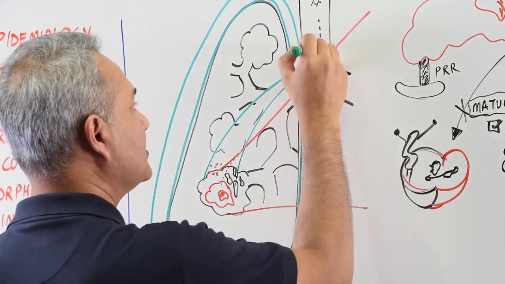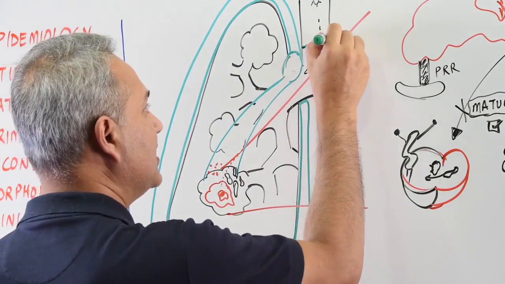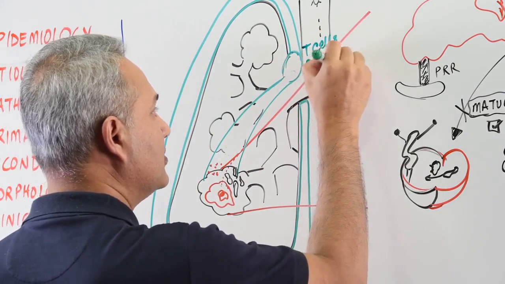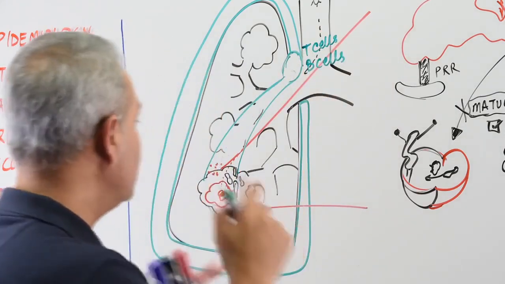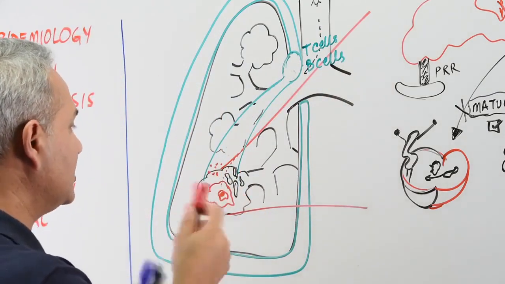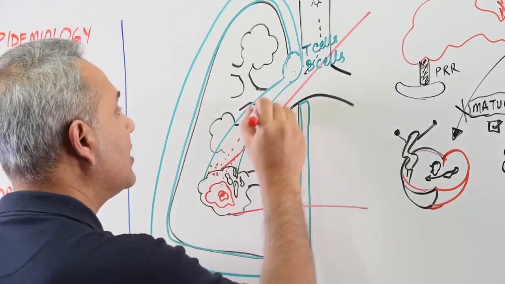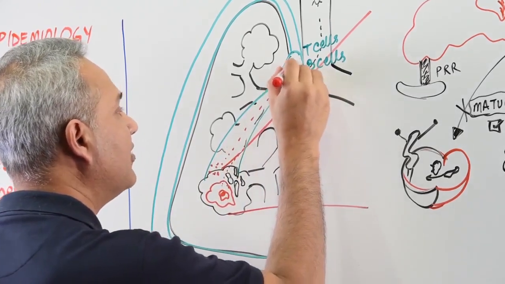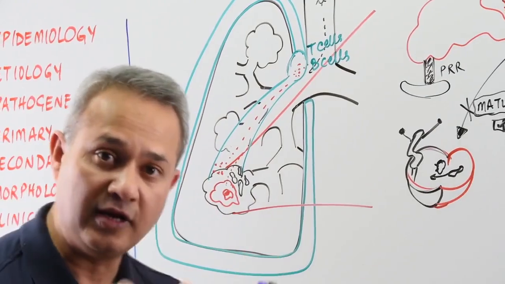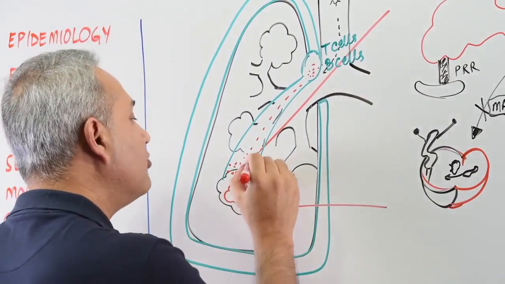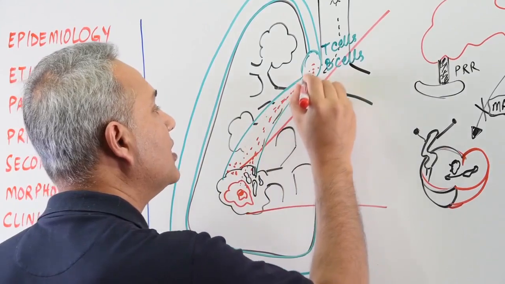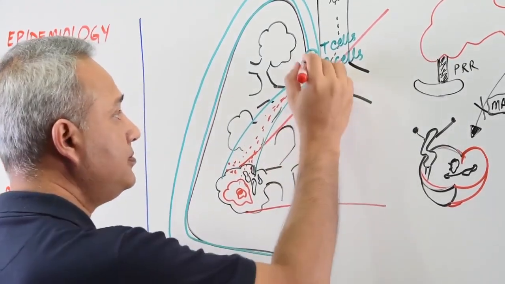T cells, B cells, dendritic cells. These guys are sitting in the lymph node. The macrophage is bringing the pathogen there. The broken pieces of the pathogen are also coming into the lymph node through the lymphatics. The complete pathogen is also washing away into the lymph nodes too.